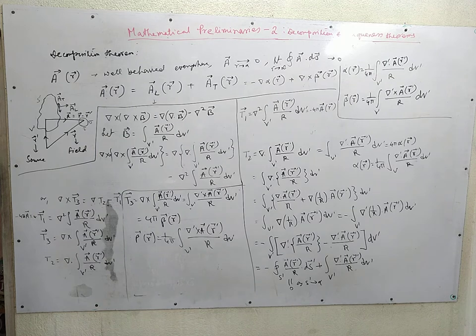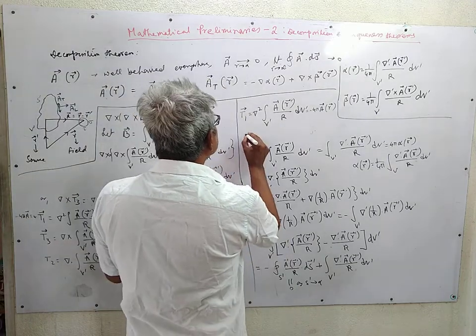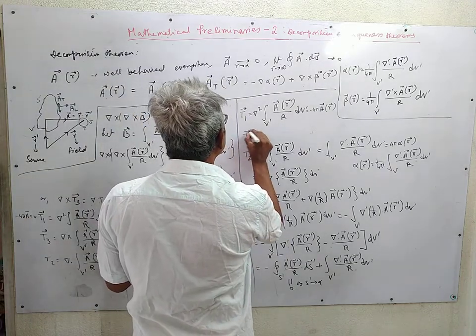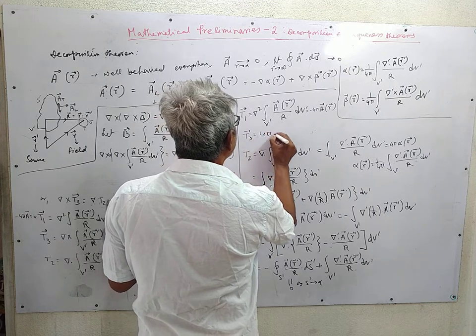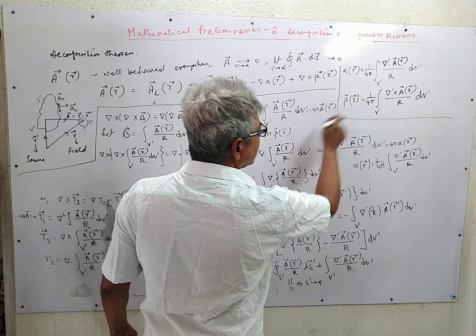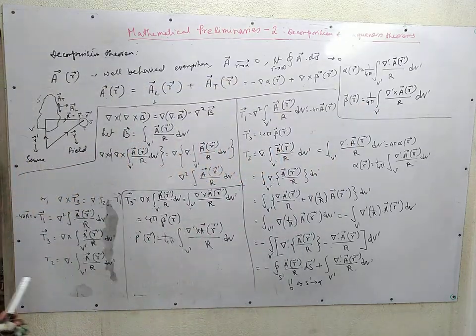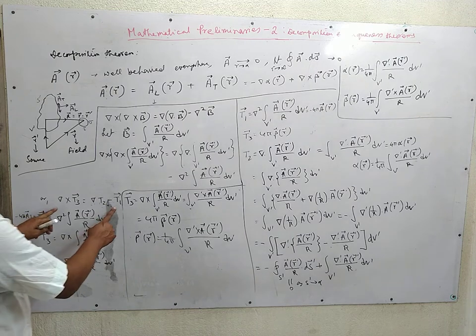So let me come back to first, before going to this, T3 is equal to 4 pi beta of r, where beta is given by this form. So we come to this relation.